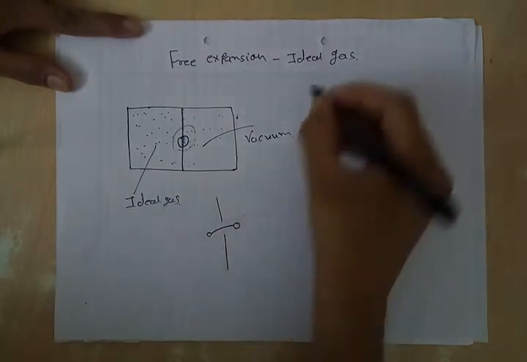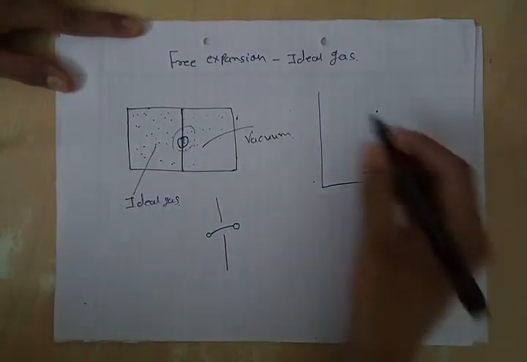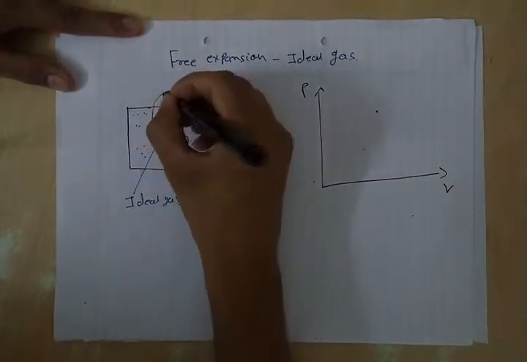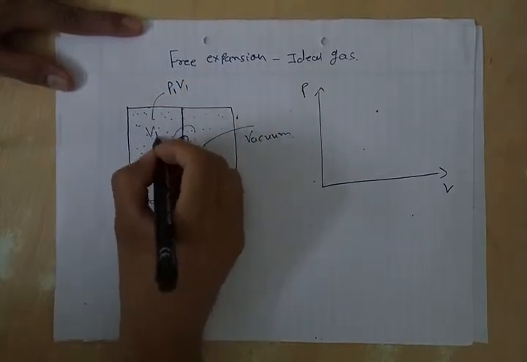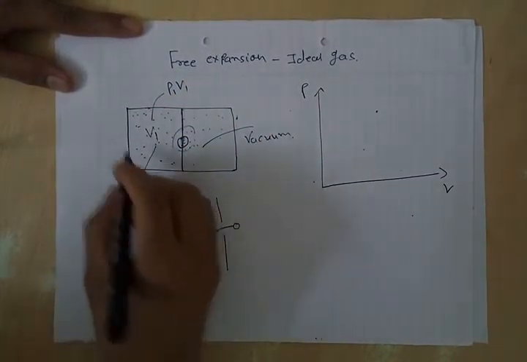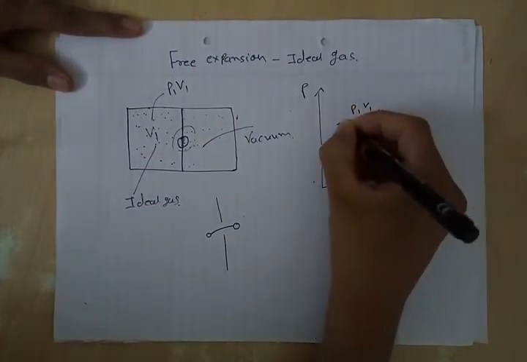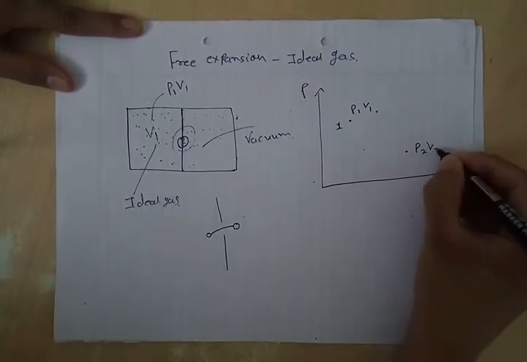So in this process, let me draw a PV diagram to describe this process. Initially we will have P1 V1 as a volume. Let us say this volume is V1 and total volume of room is V2. So P1 V1 is our initial condition and P2 V2 is our final condition.